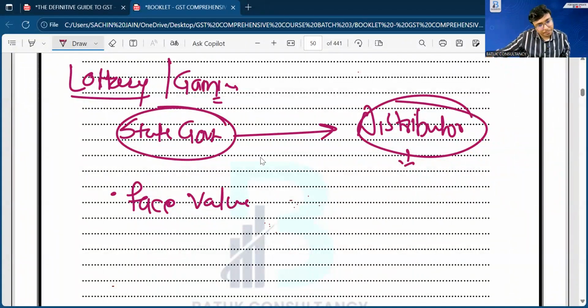Second option: for the lottery tickets, the state government is also going to fix the price and publish it in the official gazette.